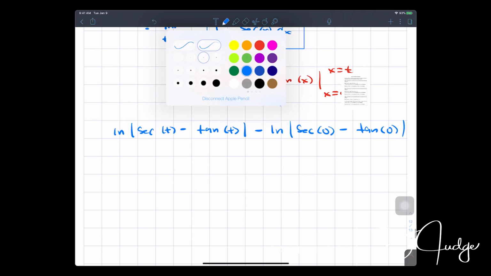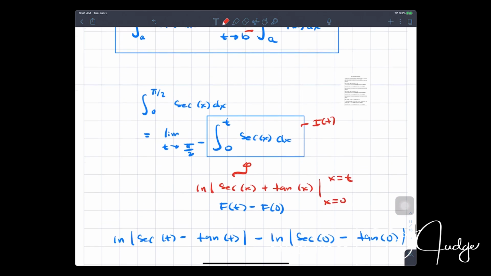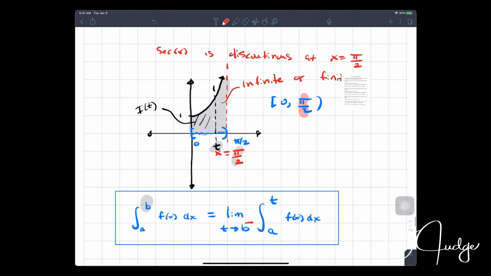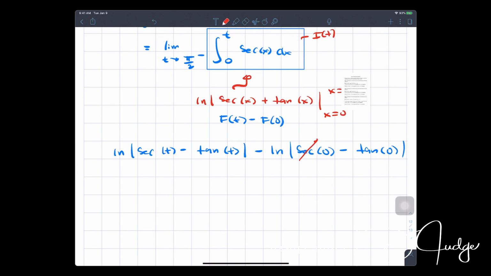We're going to need to know what some of these values are. Secant of 0, if you go back to the curve we looked at, we know is 1.